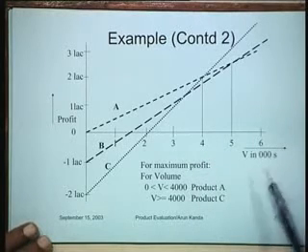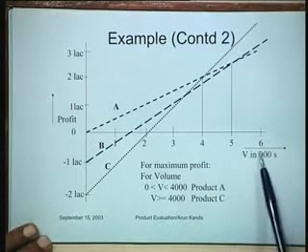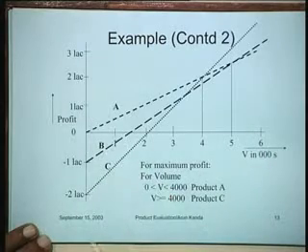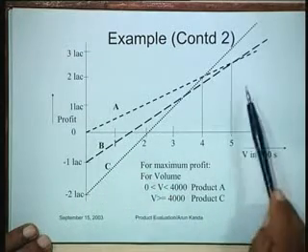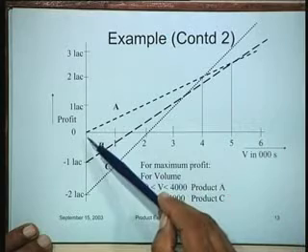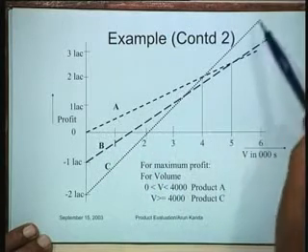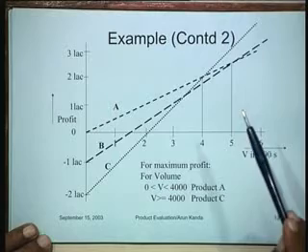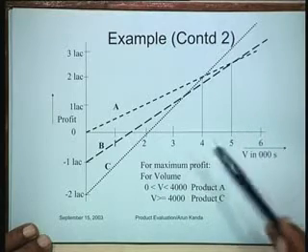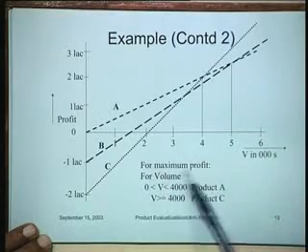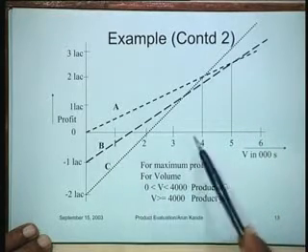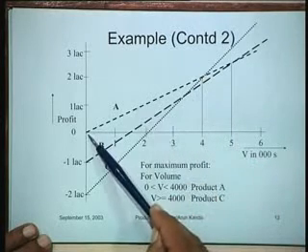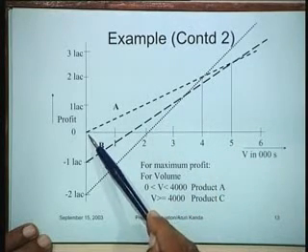Our overall objective is that, if this is the volume of sales in thousands of units, and these are profits, we want to maximize the profit. That means we want to take the topmost envelope of these curves, which will maximize the profit function. That's what we are interested in. So for this particular situation, what you find is that for volumes up to 4,000, clearly product A is the dominant product, isn't it?